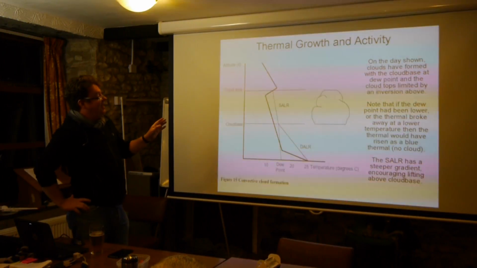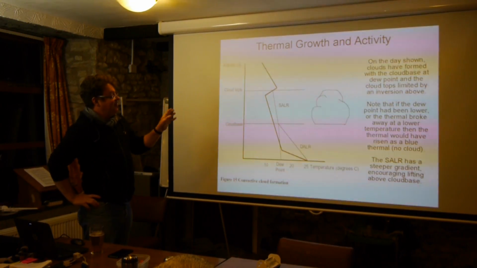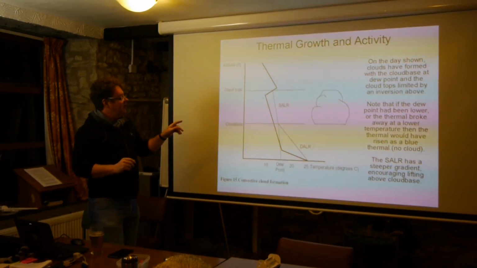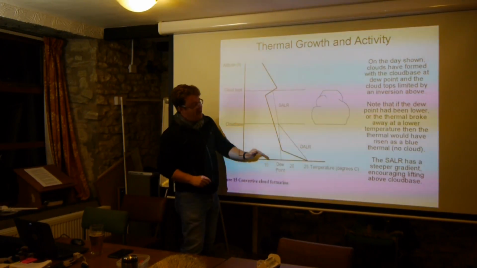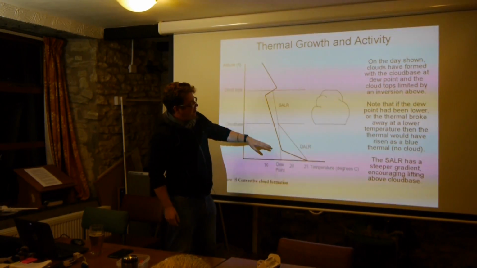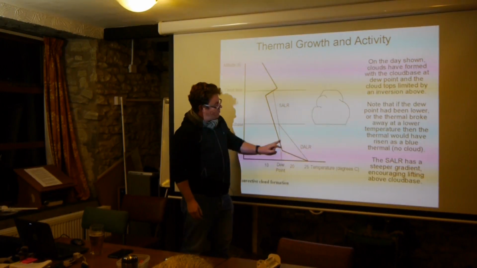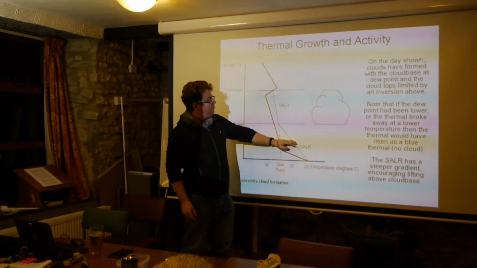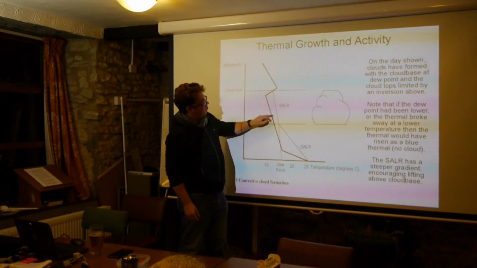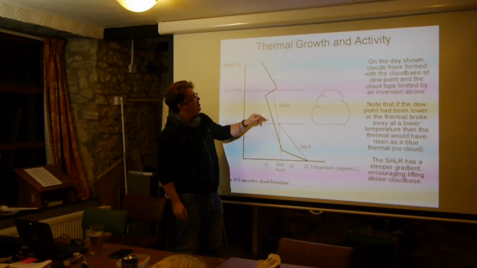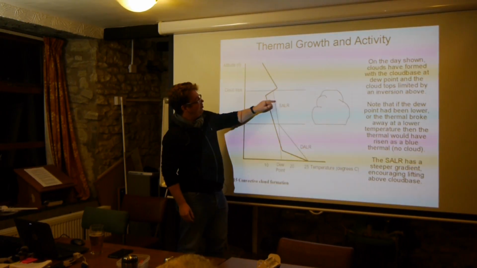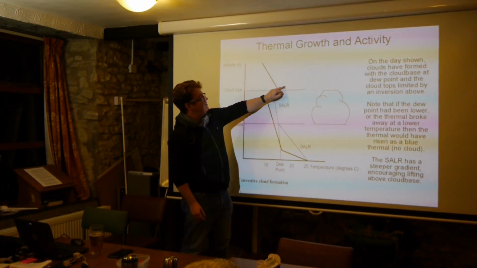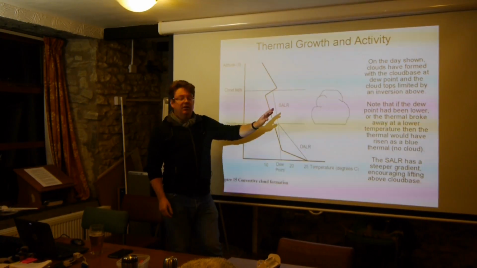That's purely here to make this example illustrate the three key points. The low-level situation where you've got heating and the breakaway of the thermal, the mid-level situation where dew point is being reached, and then the situation at the top of convection where basically convection is limited by an inversion.